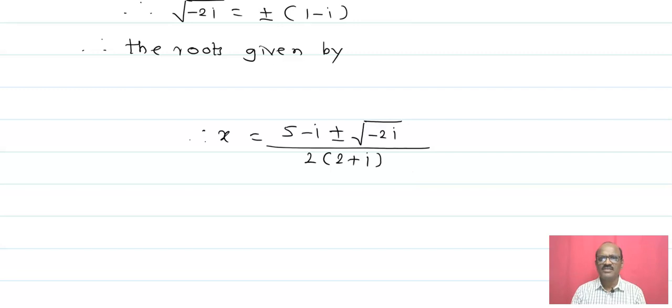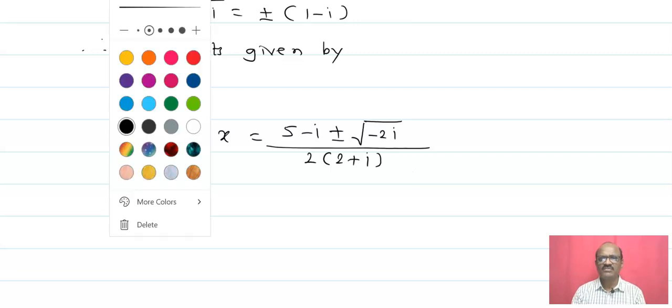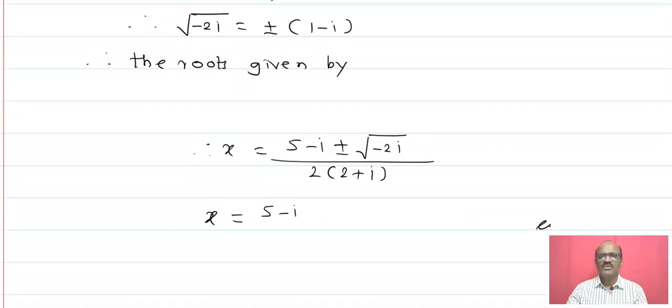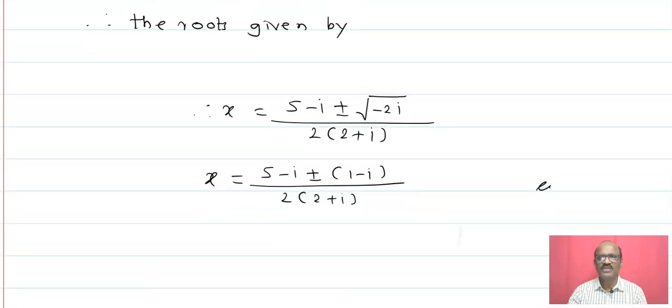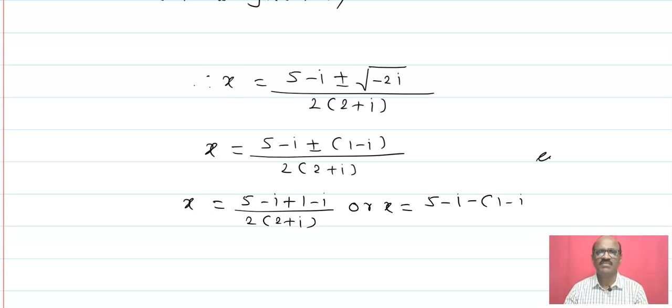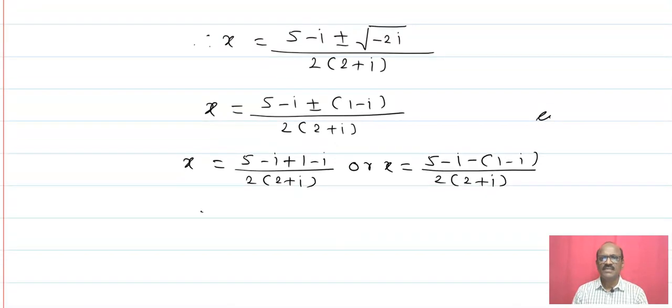Therefore, by substituting the value, you are getting x is equal to (5 minus i plus or minus (1 minus i)) divided by 2 (2 plus i), and that's how you get (5 minus i plus 1 minus i) upon 2 (2 plus i), or x is equal to (5 minus i minus (1 minus i)) upon 2 (2 plus i). Now simplify this.